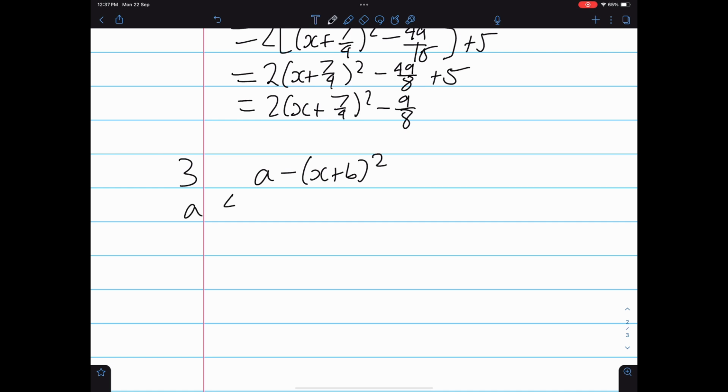So we start with the example of 4x minus x squared. Honestly, what I would do is I would convert it into this form first and then change it back into this form later. Then I would divide it by -1.